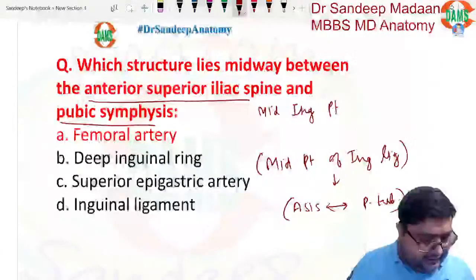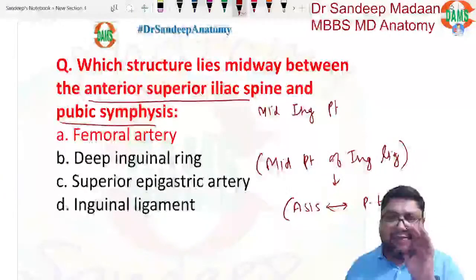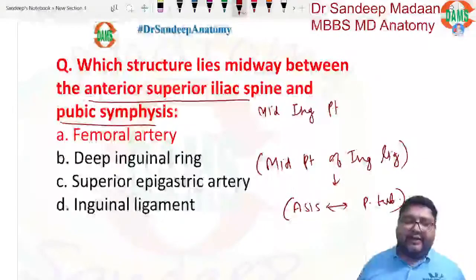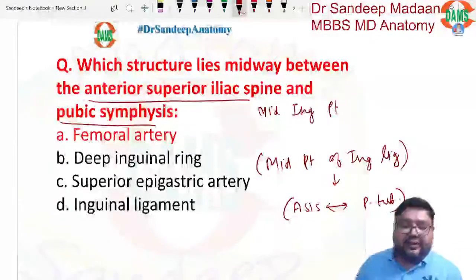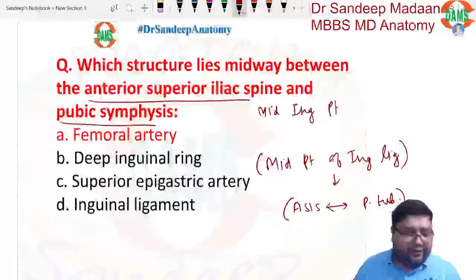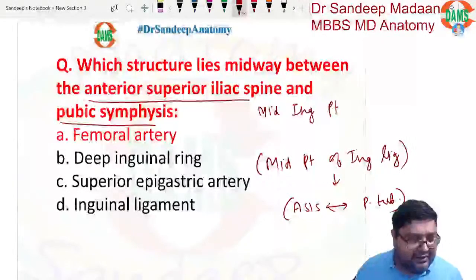So if you take pubic symphysis as a reference, then the midpoint is the mid-inguinal point. But if you take pubic tubercle as a reference, then it will be the midpoint of inguinal ligament. But the question says pubic symphysis, that's why the answer will be femoral artery. So if you have to locate the femoral artery, you will choose this. And if you have to go for the femoral vein, you will go a little medial, right?